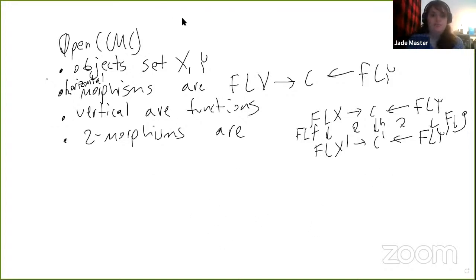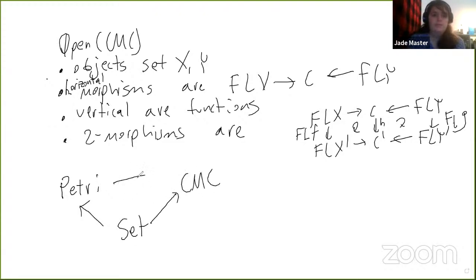And what I mean by that is that we can take the diagram Petri, Set, this diagram of functors, F circ L, L, and F. And this diagram induces a symmetric monoidal double functor.